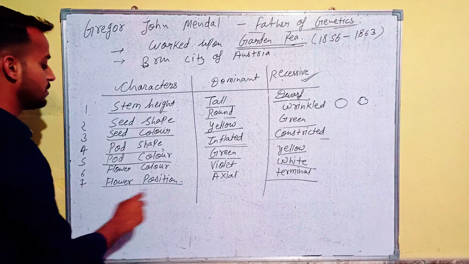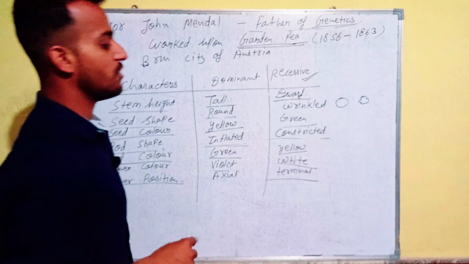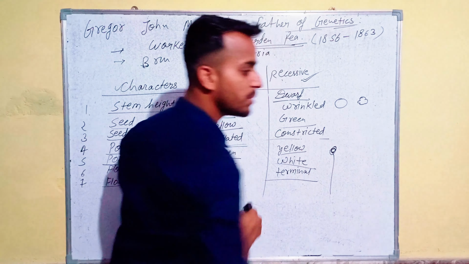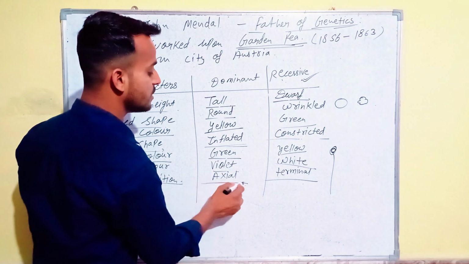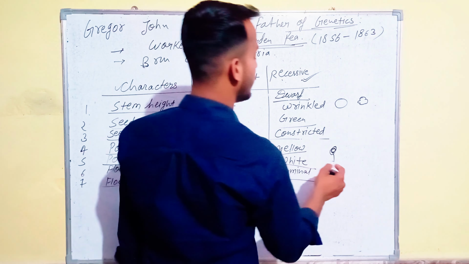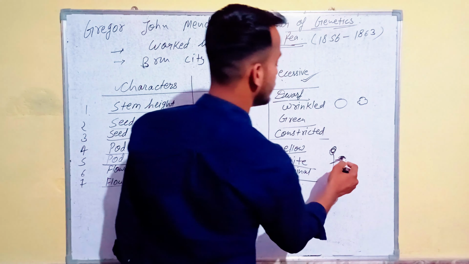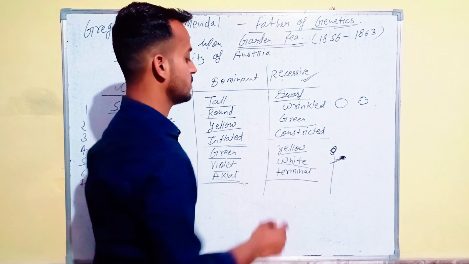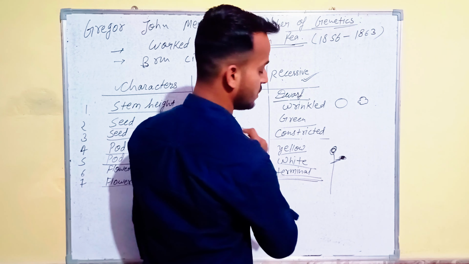And the last one is flower position. When the flower is present on the top of a plant, that's called axial condition. And when the flower is present at the side, not at the top, that's called terminal condition.